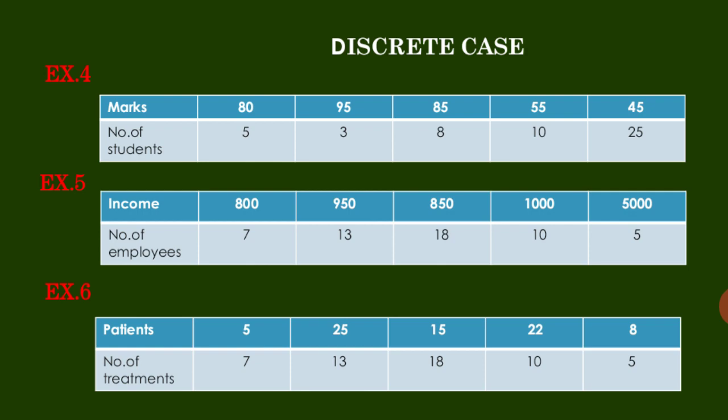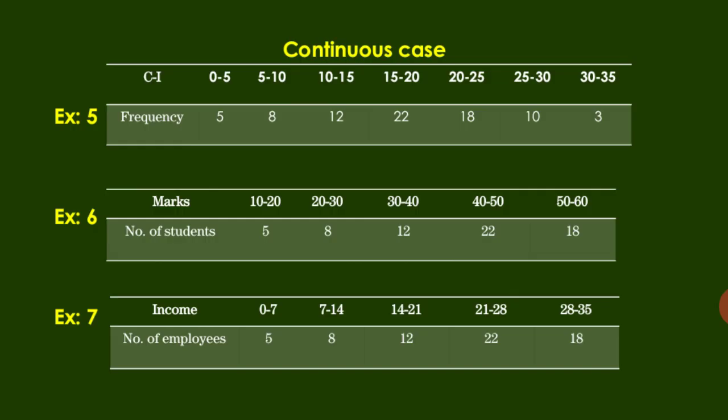But in this video, we are going to discuss only the continuous case data, how to calculate the mean, median and mode. Here I am showing examples 5, 6, 7. These types of data are called continuous case series. I already explained this in your class.